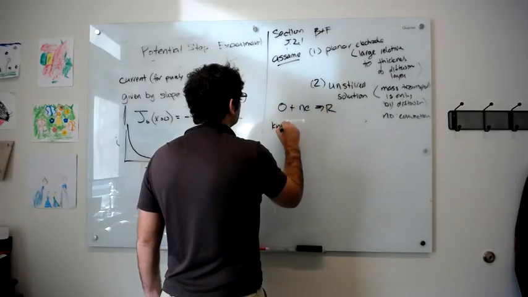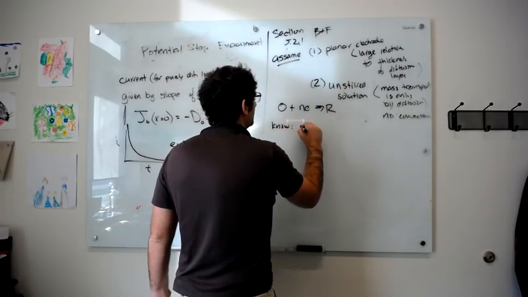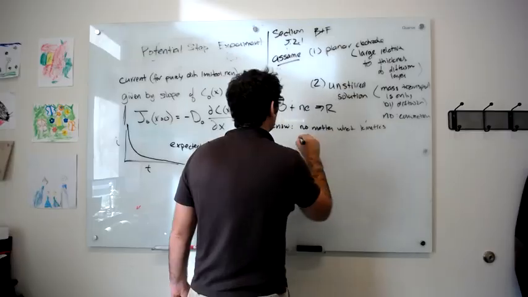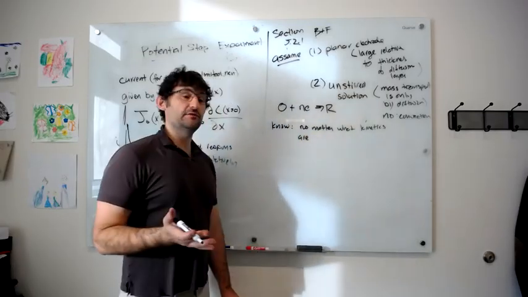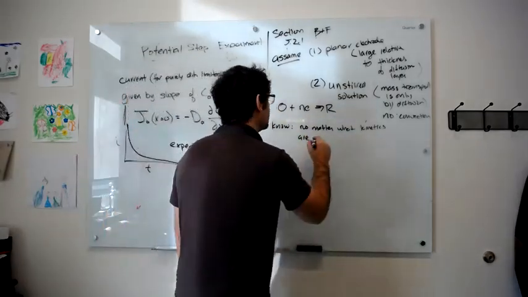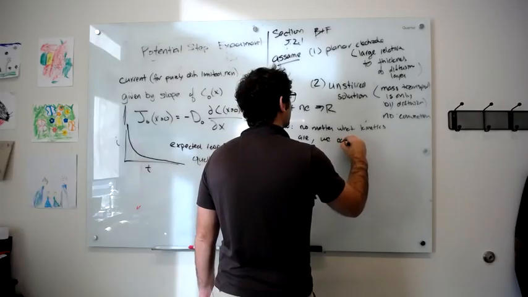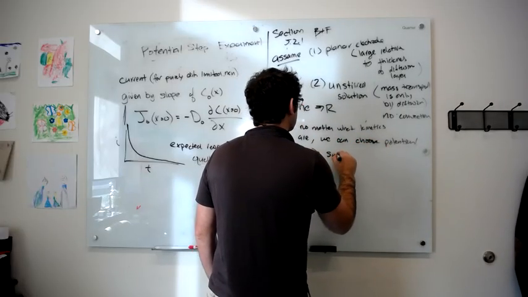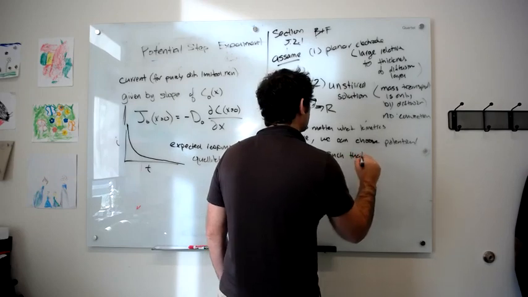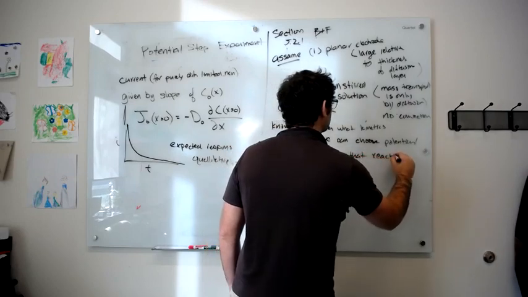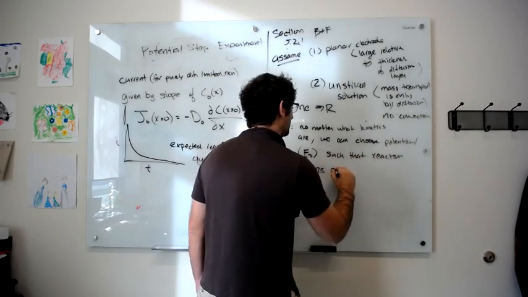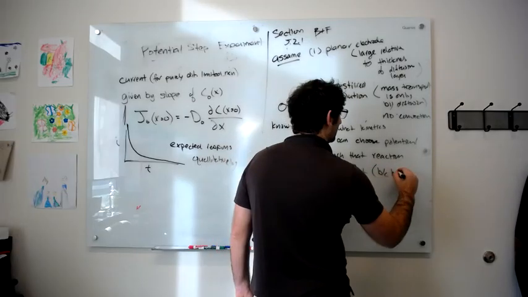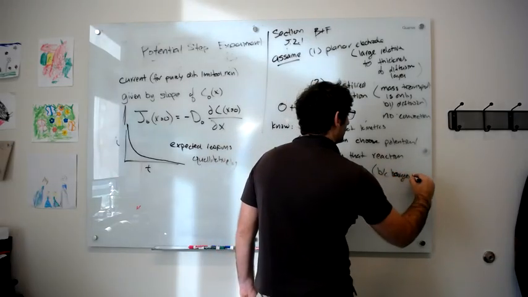We know that no matter what the kinetics are, so the kinetics might be very slow or they might be very fast, we can choose a potential E2 such that reaction kinetics are fast because we have a large overpotential, right?